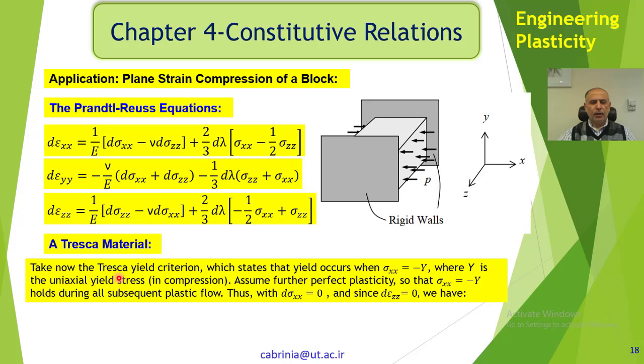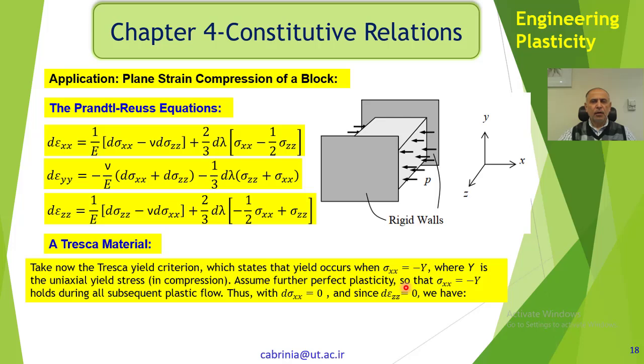Now, take the Tresca yield criterion, which states that yield occurs when sigma xx is equal to minus Y. That means that P reaches this number Y, where Y is the uniaxial yield stress in compression. Assume further perfect plasticity.